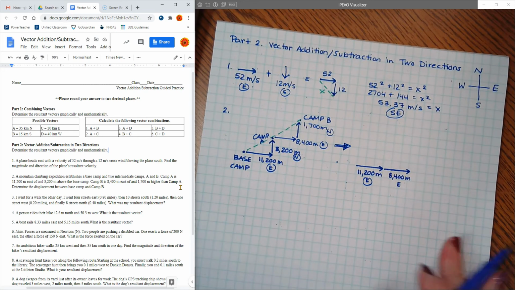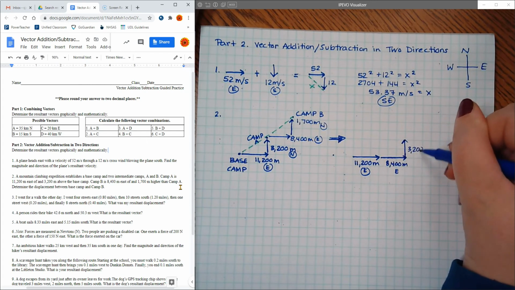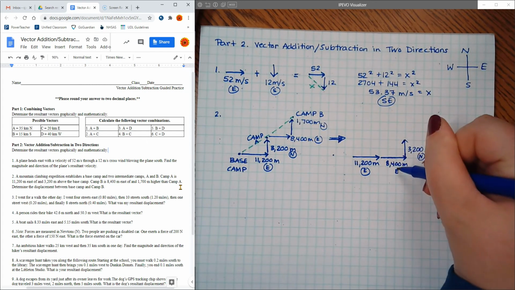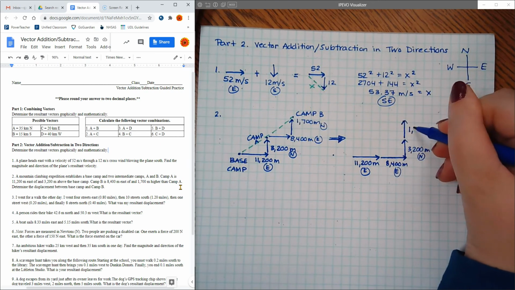Then going north, I have one that is 3,200 meters, and one that is 1,700 meters.